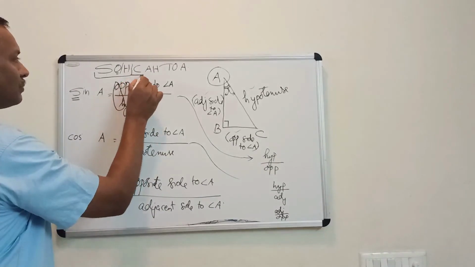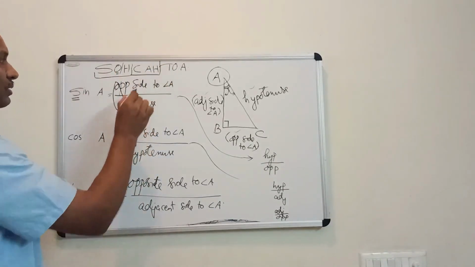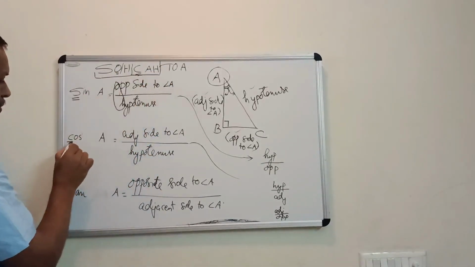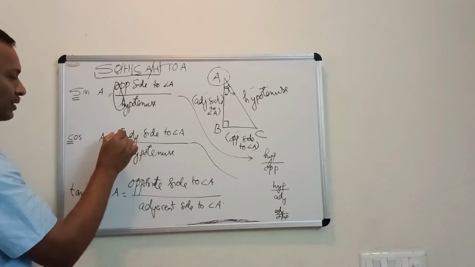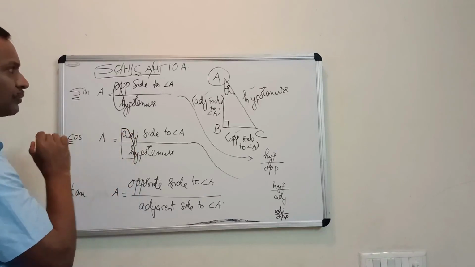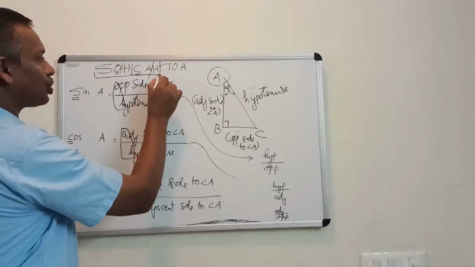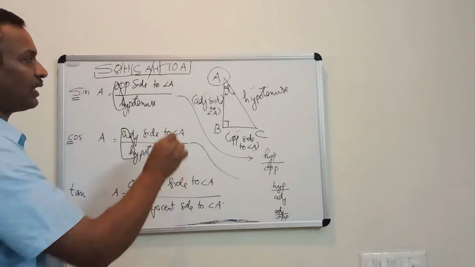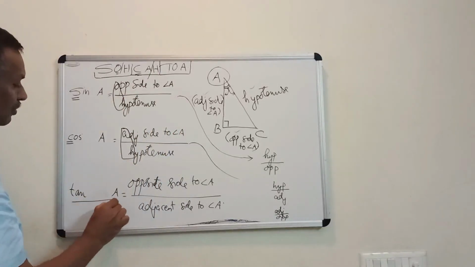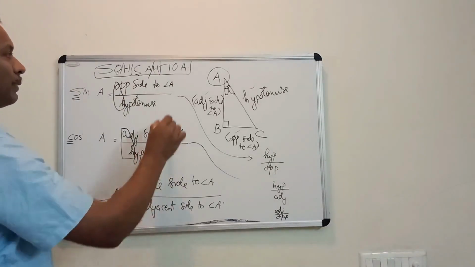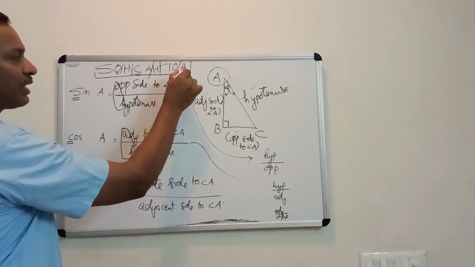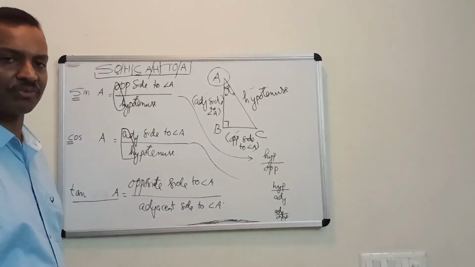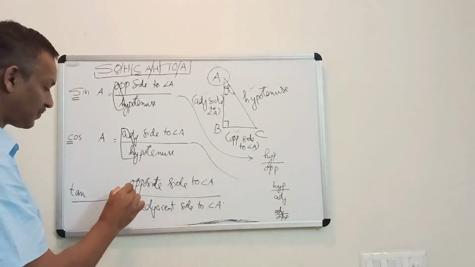Next is CAH. C stands for cos is equal to adjacent by hypotenuse. You can see adjacent by hypotenuse. And the third one is TOA. T stands for tan of the reference angle is equal to opposite of the reference angle by adjacent of the reference angle. That is from here.